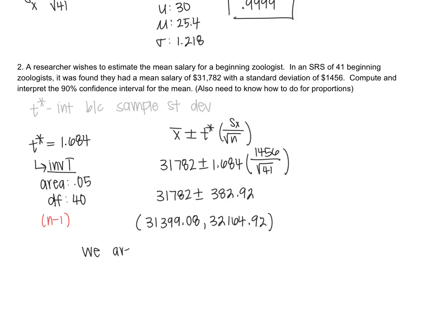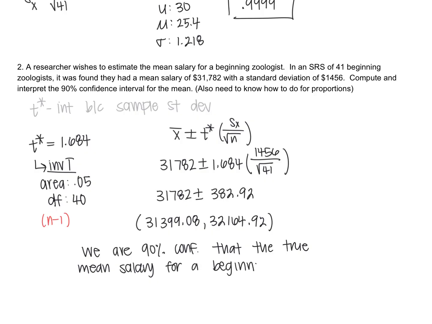So we are 90% confident that the true mean salary for a beginning zoologist is between, and when we write this sentence for means, we do have to include units on the values for our interval in the sentence.